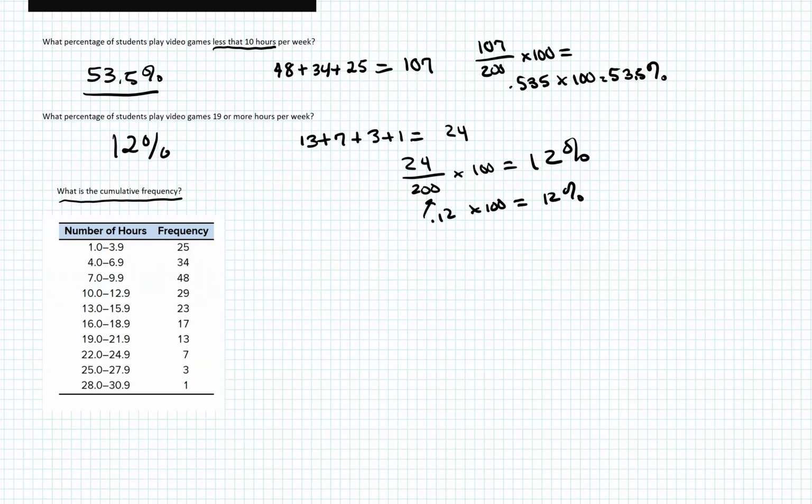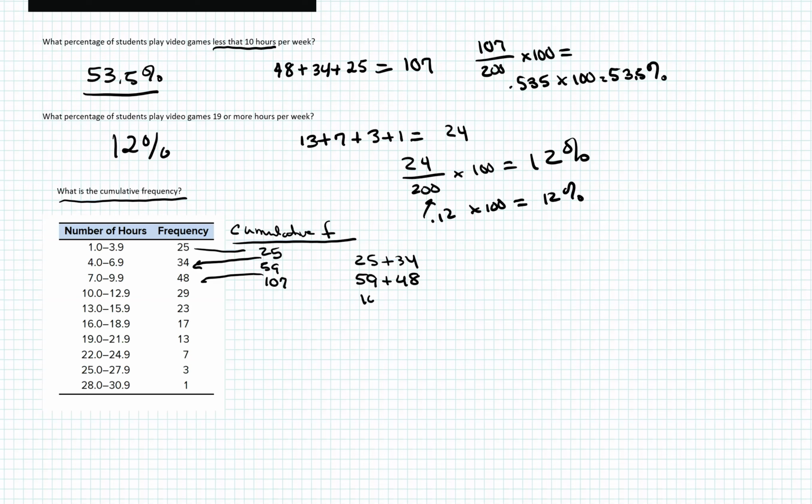What is cumulative frequency? Cumulative frequency: the first one is the same. The second one is going to be 25 plus 34, so you add them together. Now I'm going to do the next one, so it's going to be 59 plus 48. So I get 107.